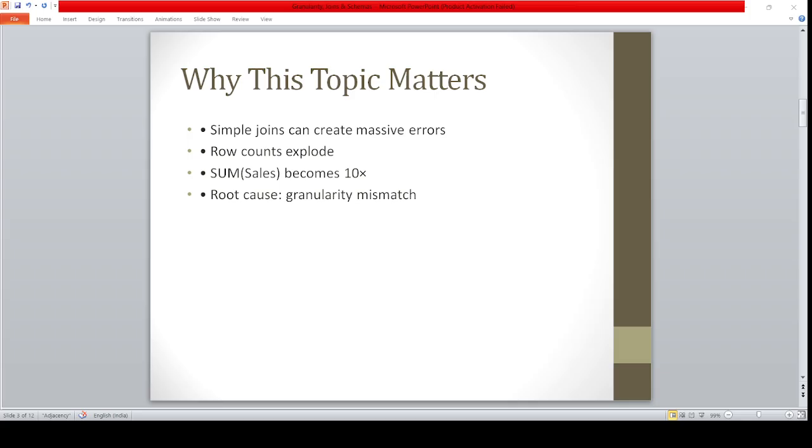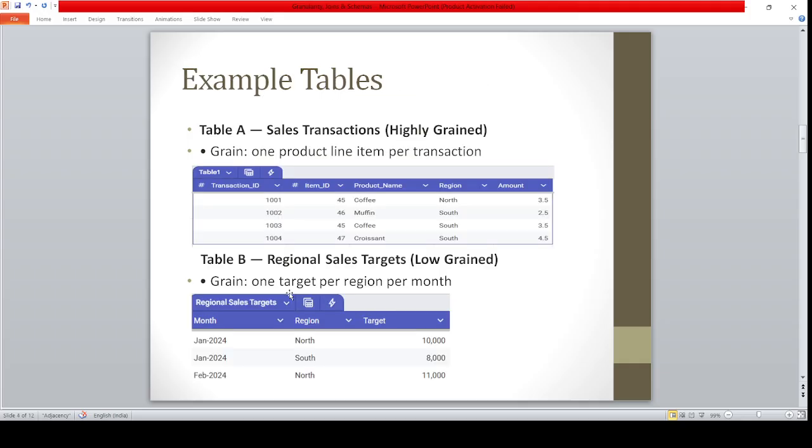Depending on the condition, it can go one time, two times, three times, but it makes so many duplicates if grains are not equal that the sales sum goes very high, which is not required. This leads to wrong numbers on our dashboard.